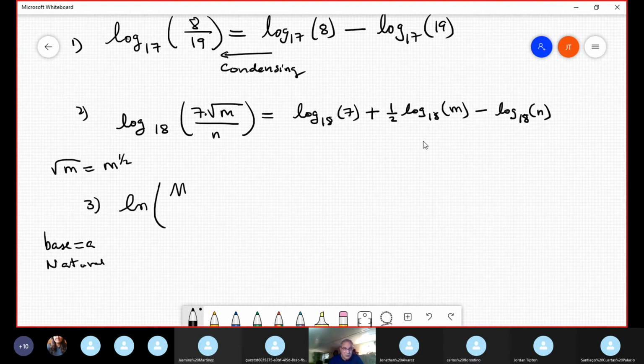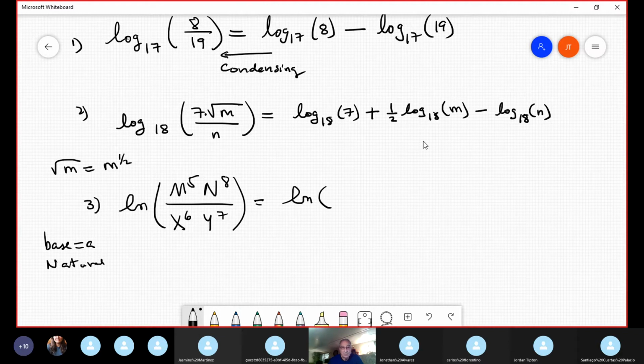Inside we have n to the 5th power, m to the 8th power, divided by x to the 6th power and y to the 7th power. So this expression contains 1, 2, 3, 4 parts, so I suppose that we expand into 4 logarithms. 5 ln of n, and the exponent you put in the front as a factor. The arithmetic operation here is multiplication, so this is plus 8 ln of m. This is the confusing part.